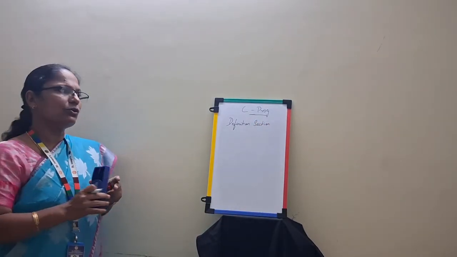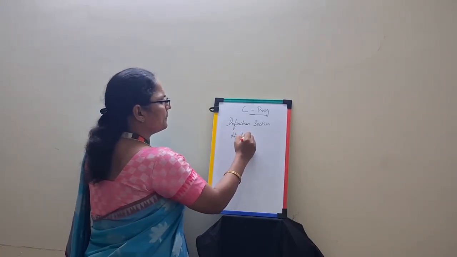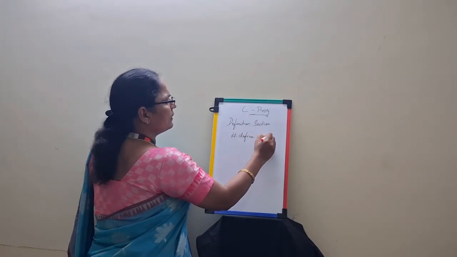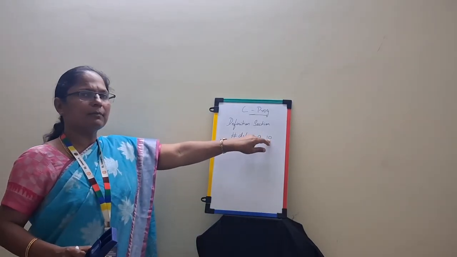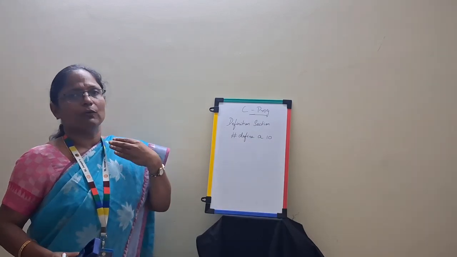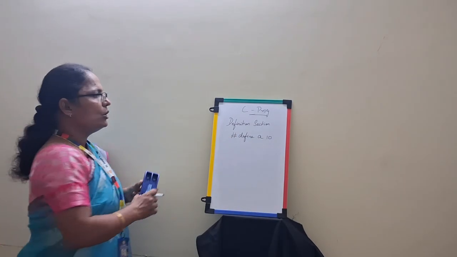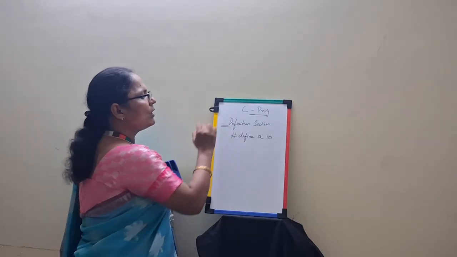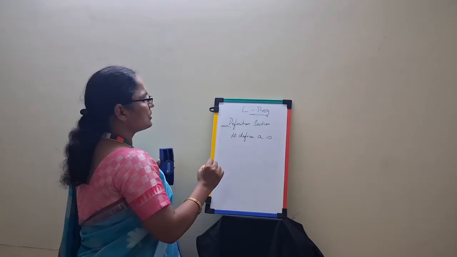For example, I want to define hash define A 10. So the A will be replaced with 10 all throughout my entire program. That's what I give here as hash define. This is optional. Whenever I want, I can use this. That's what we call the definition section.